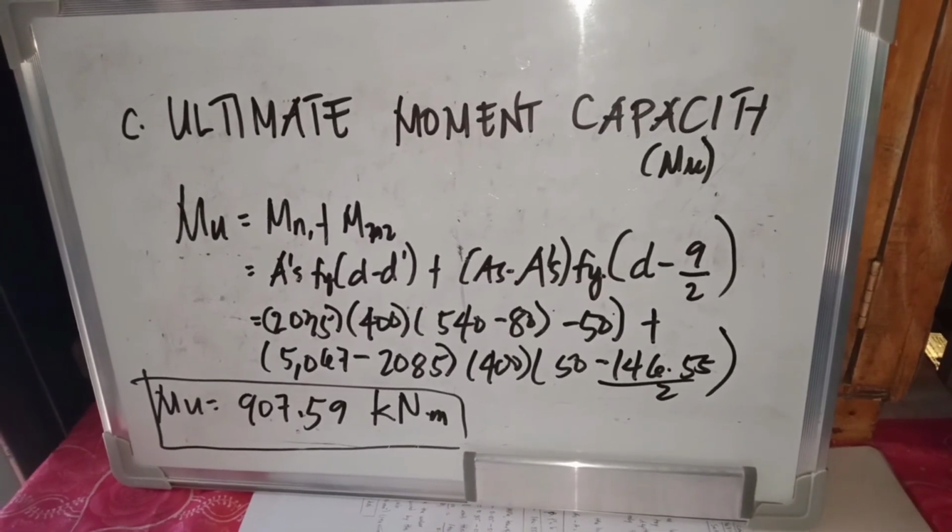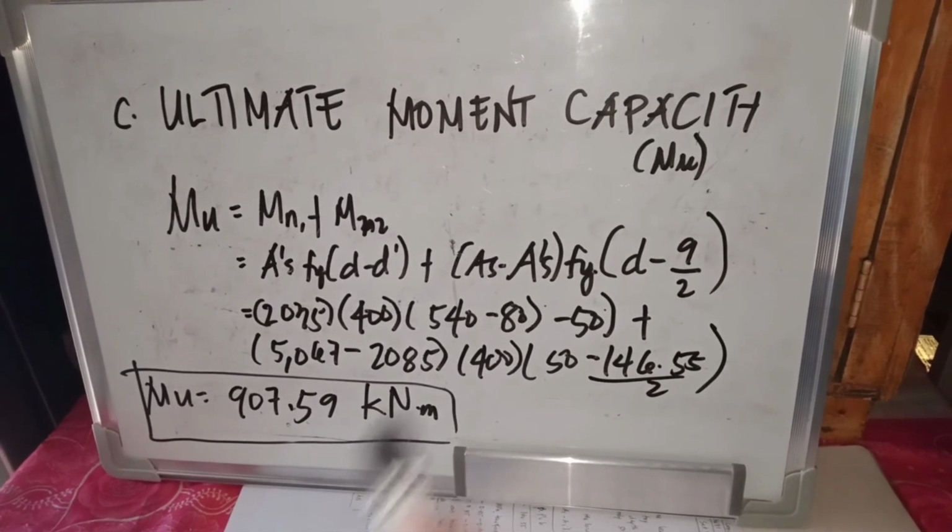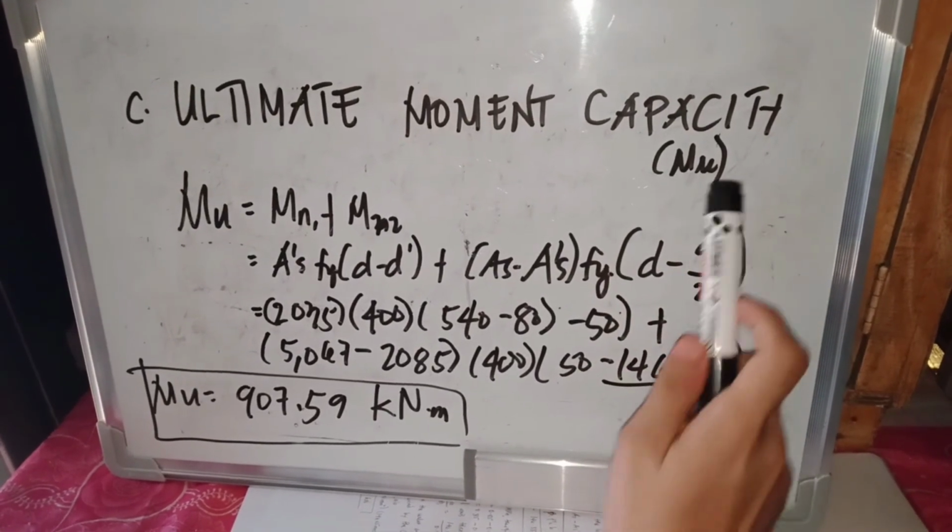The last part that we need to identify is the ultimate moment capacity, denoted as Mu.